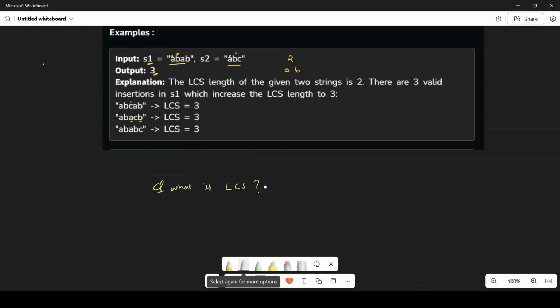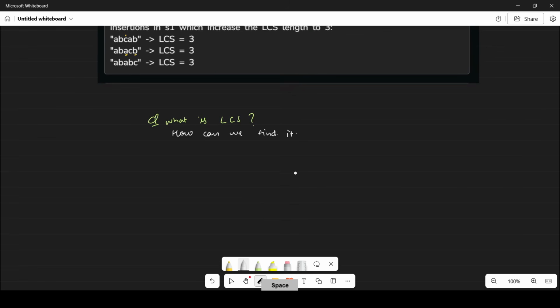So how can we find it? To find the length of LCS easily, we have to use the DP concept. We have to use DP to find the length of LCS.